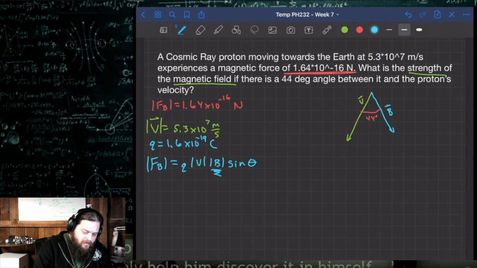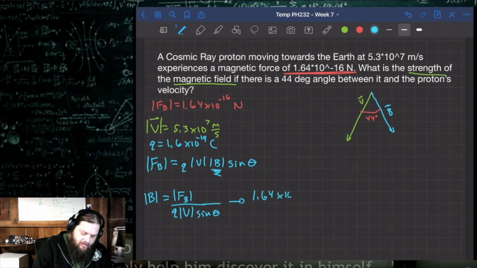So rearranging this equation, I can say the magnetic field is equal to the force divided by QV sine of theta. Plugging in values for that now, we get 1.64 times 10 to the negative 16 newtons.